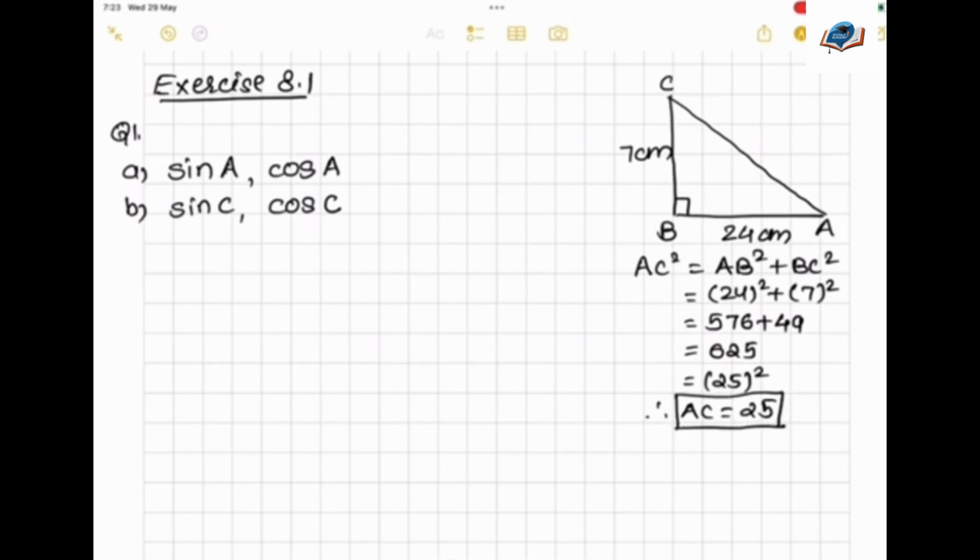Now all the three sides are known. So sin A will be opposite upon hypotenuse, that is BC upon AC, so 7 upon 25.